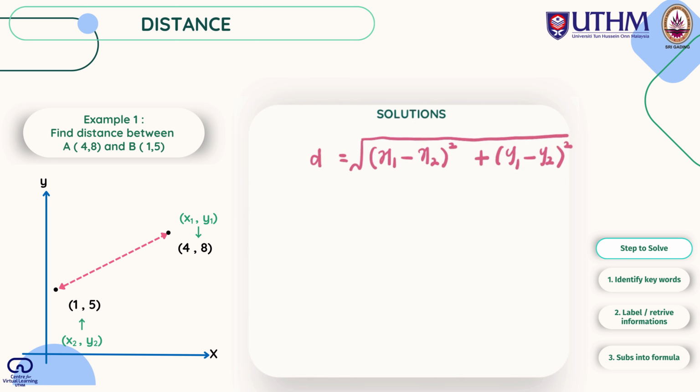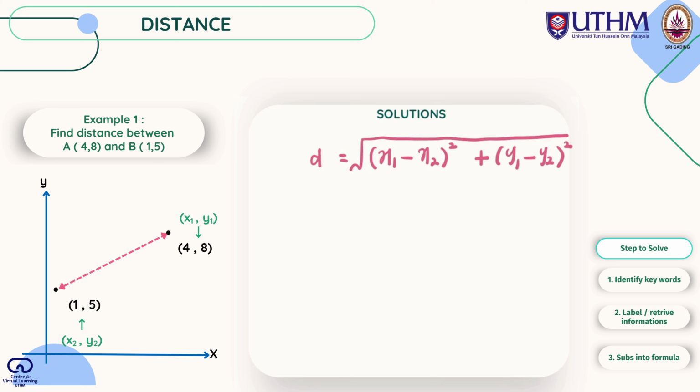From the given formula, we have 4 pieces of information, which are x1, y1 and x2, y2. Given the 2 points, we have 4, 8 as x1, y1 and 1, 5 as x2, y2.